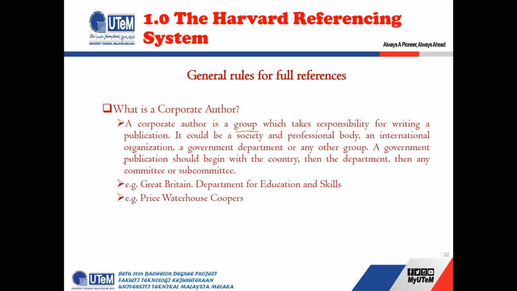We can just mention the company name or the group name, like Great Britain Department of Education and Skills. So if we are going to reference a report that has been produced by the Great Britain Department of Education and Skills, we just write it like this, instead of giving all the names of the people inside that group.